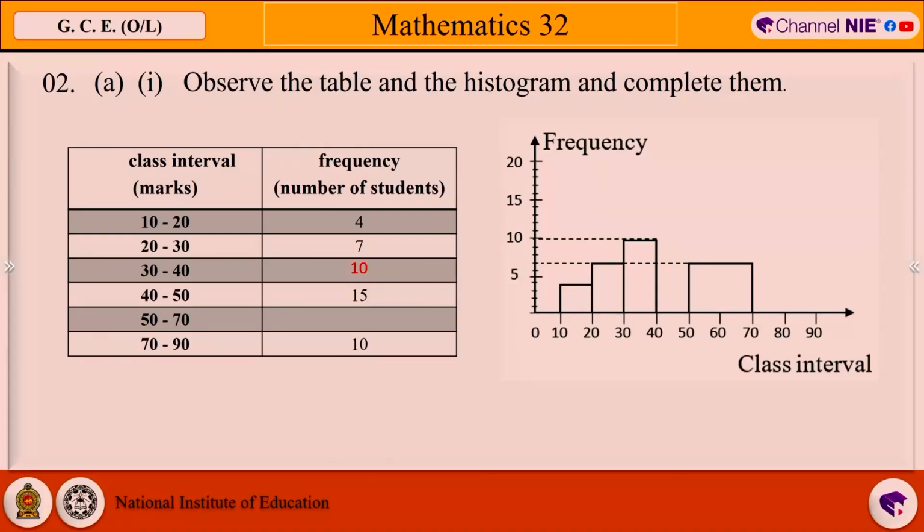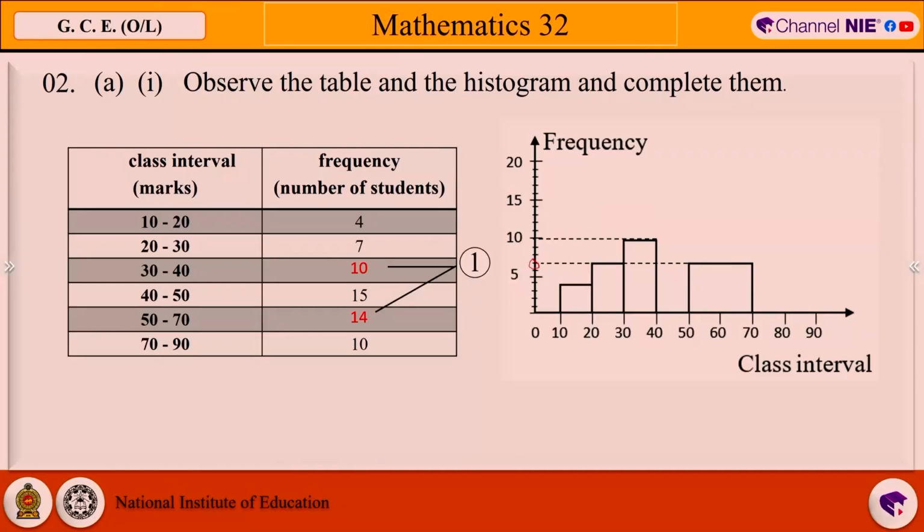So, when you find the frequency in 50 to 70, the frequency shown in the histogram should be multiplied by 2. Here you have 7. So, the frequency for the 50 to 70 class interval should be 14, twice the height of the column. Okay? Right.